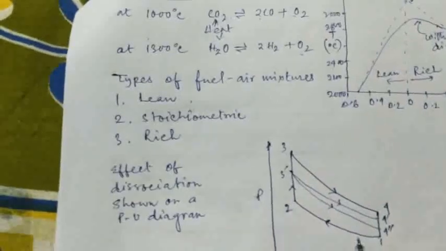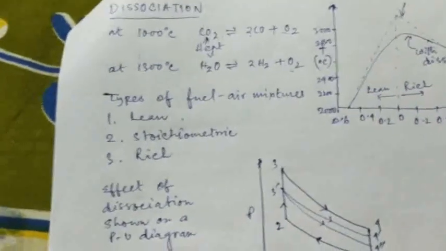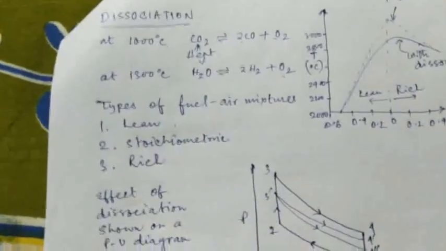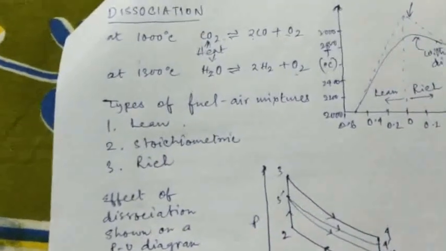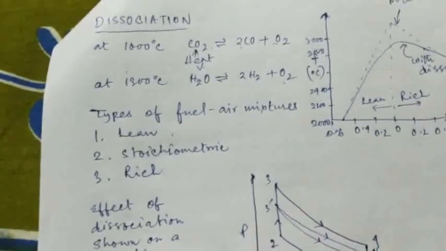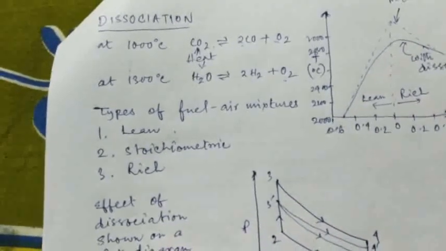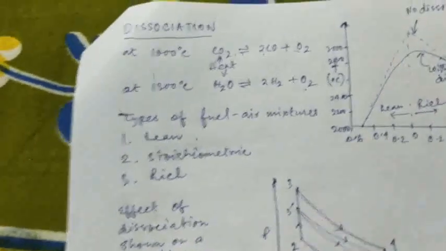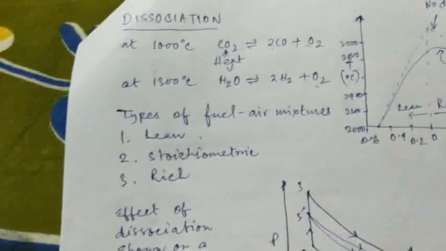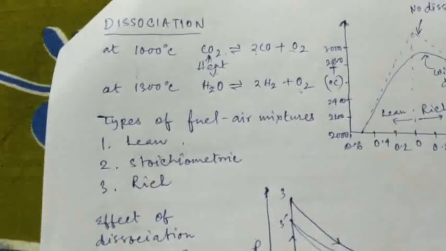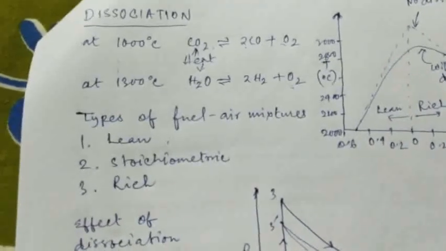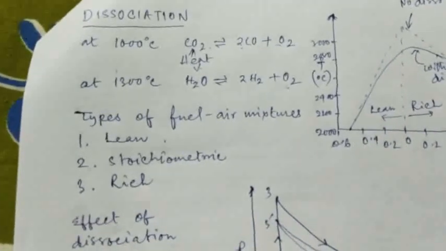Now, when the mixture is rich, there will be CO molecules and O2 present in the mixture. At richer mixture there will already be CO, and we know in air there will be O2. The presence of the CO and O2 molecules will prevent the dissociation.